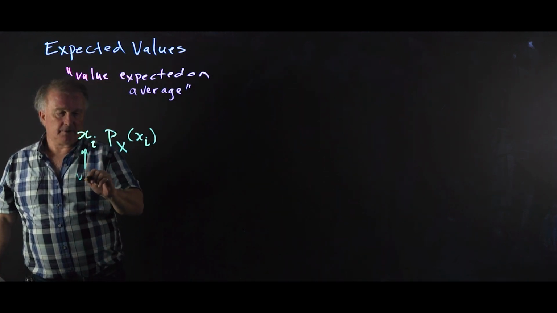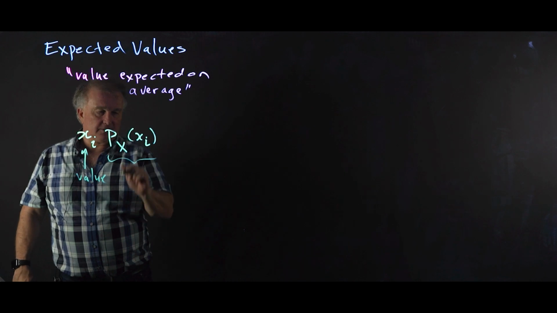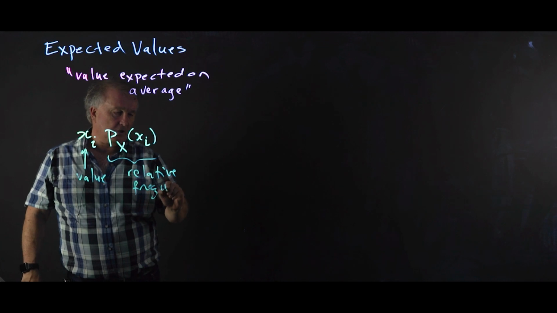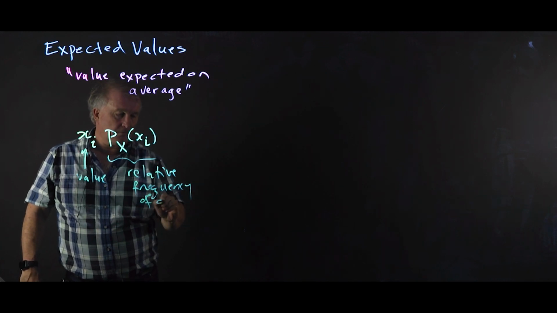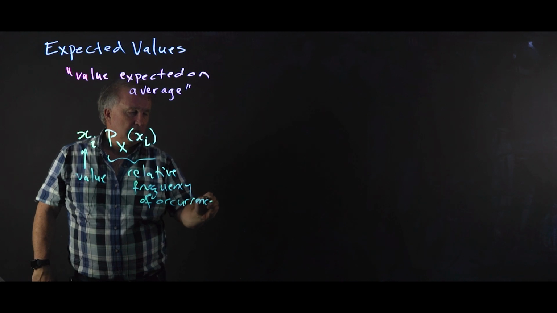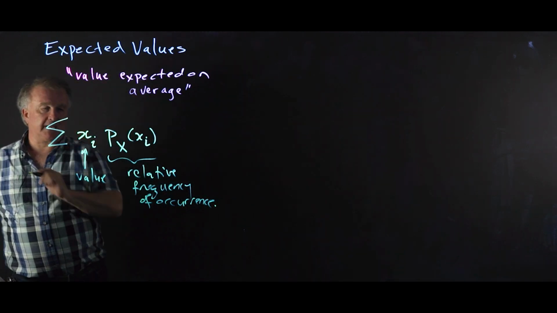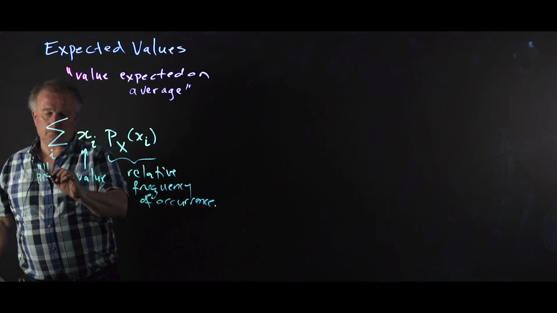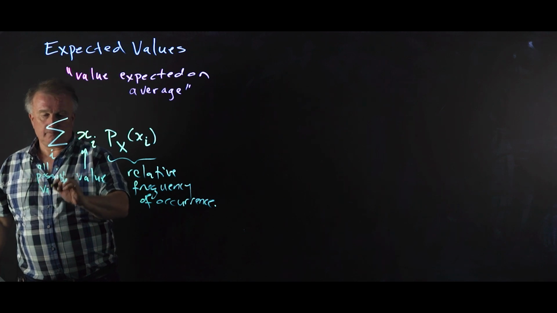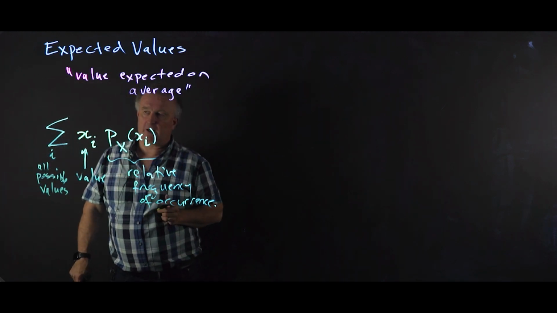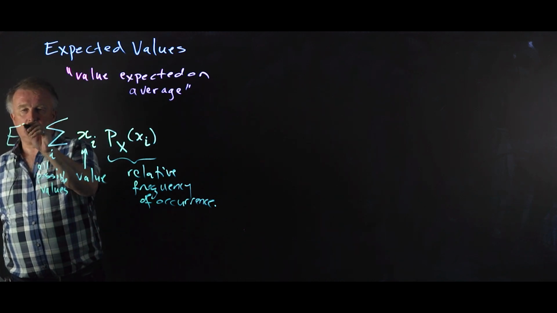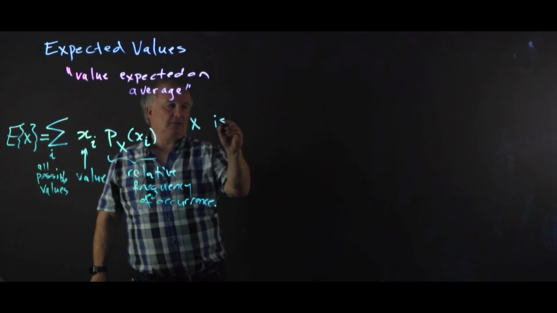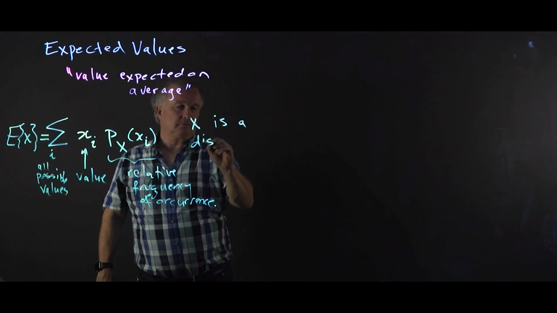So this is the value of the random variable, and this is the relative frequency with which it occurs. Then I would add up over all the possible values of that random variable, and that is what we call the expected value of x when x is a discrete random variable.